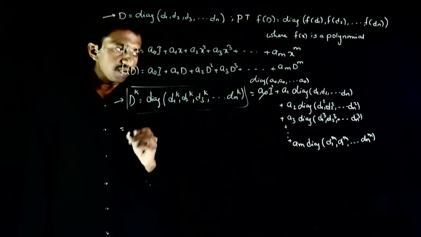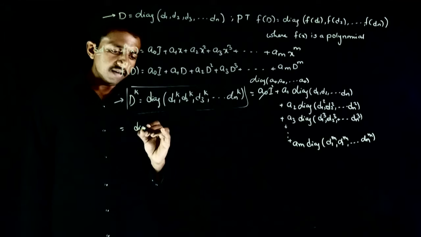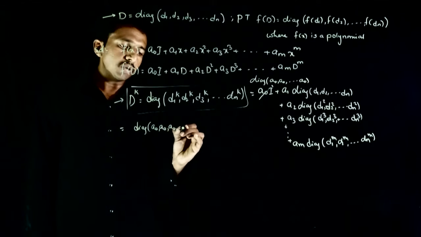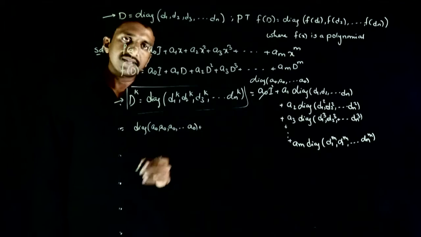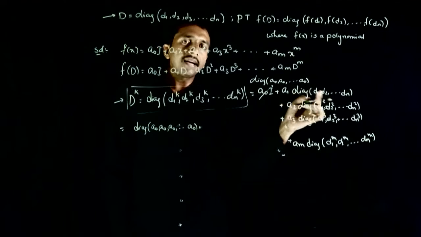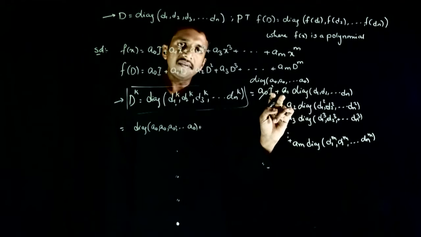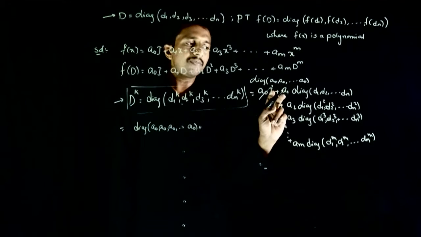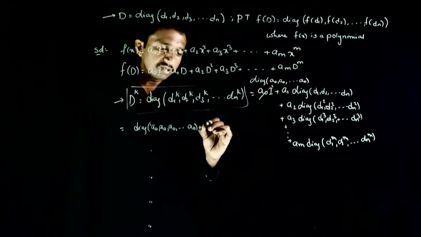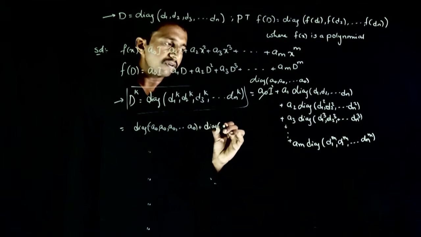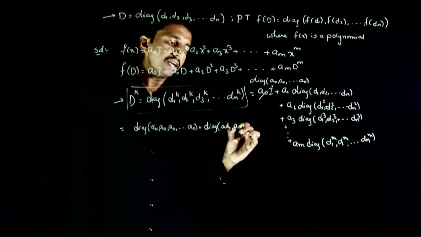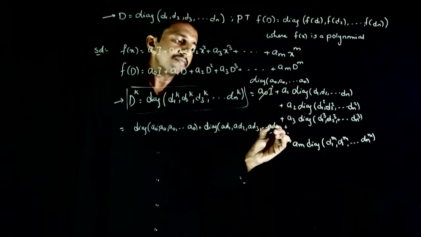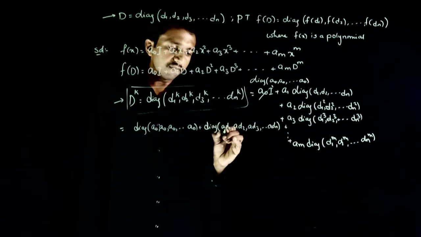So that is equal to diagonal of a0, a0, a0, so on up to a0, plus a1 into diagonal of d1, d2, d3. So this a1 is a scalar. Scalar से जब matrix multiply करता हूँ, this will get multiplied with each and every element. So diagonal of a1 d1, a1 d2, a1 d3 up to a1 dn.